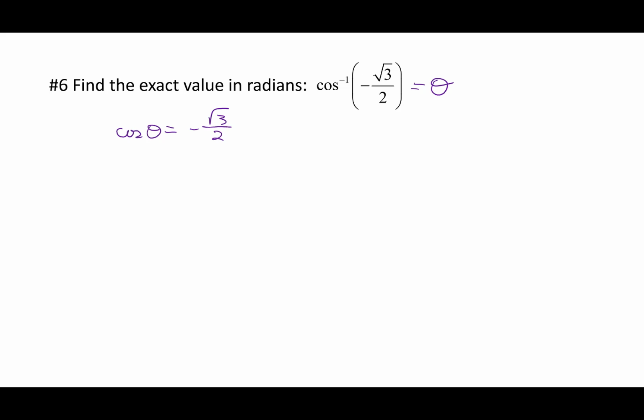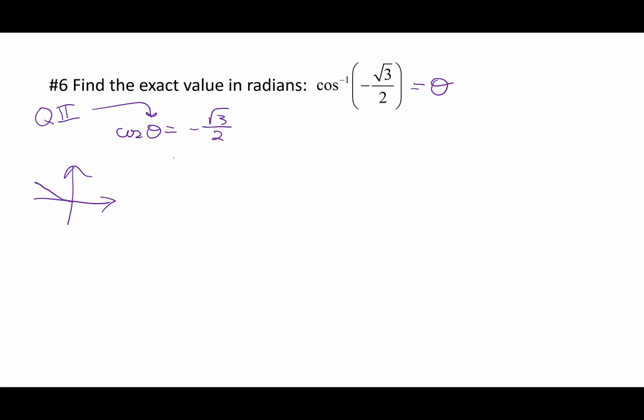What quadrant are we in? It seems like we have a lot of cosines today, but for the cosine of theta to be negative, and when we're working with the inverse cosine function, we're always in quadrant 2. So we're looking for what value of theta in quadrant 2 would give me a cosine of negative square root 3 over 2. So let's see, we'd be about right here.